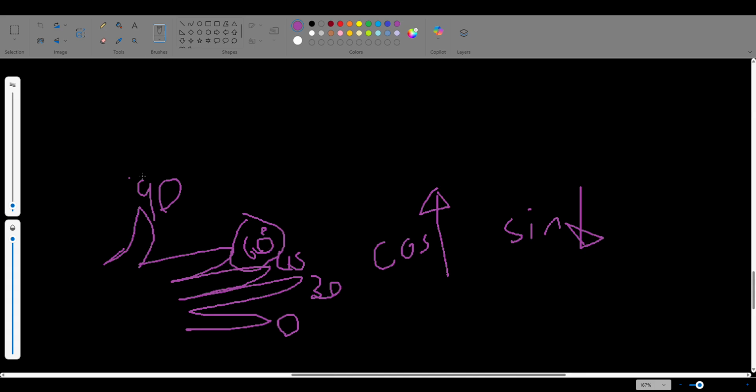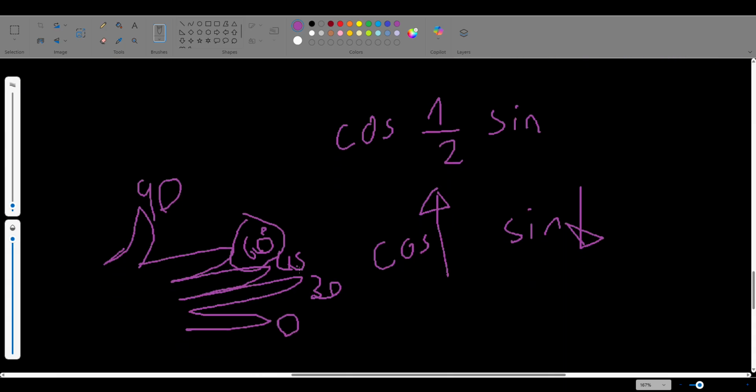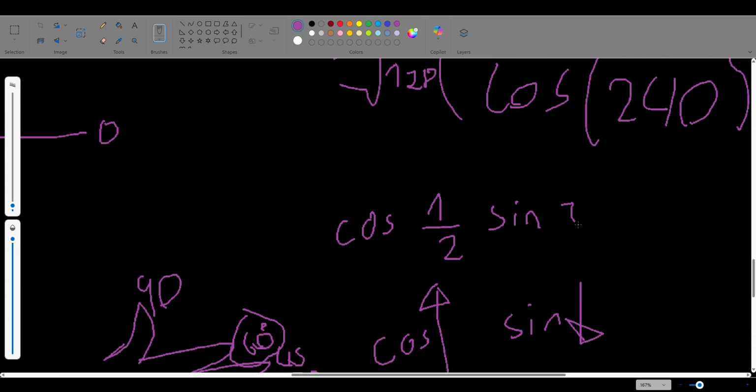So we go one up. Your cosine is going to be the square root of 1 finger above 60, which is 1, divided by 2, which is 1/2. And then we have our sine of 60, which is 3 fingers underneath, the square root of 3 divided by 2.